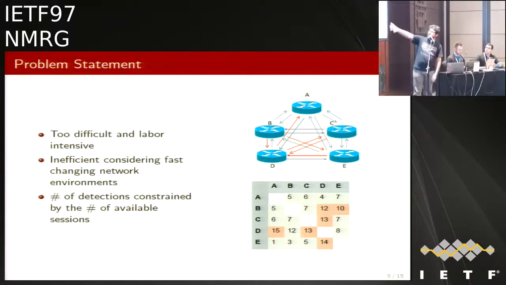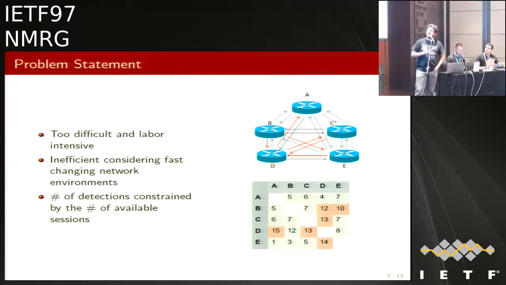When you have some changes in the traffic matrix, you have also to change the location and also the flows which should be measured in the network. So it's too difficult and labor intensive to have this kind of reconfiguration every time an important modification occurs in the traffic matrix of the network.